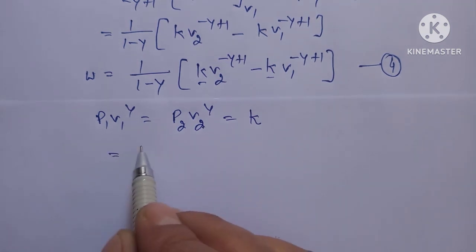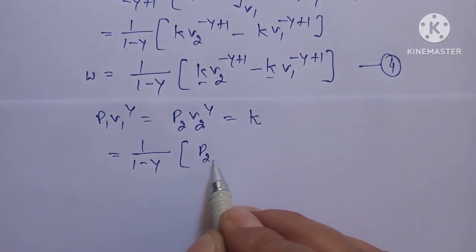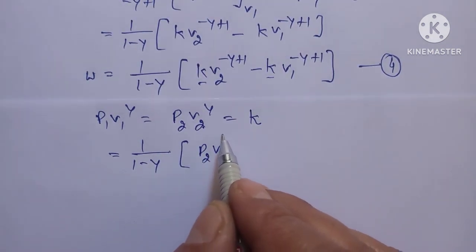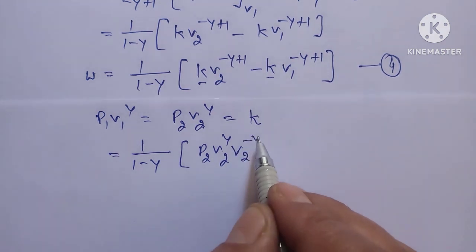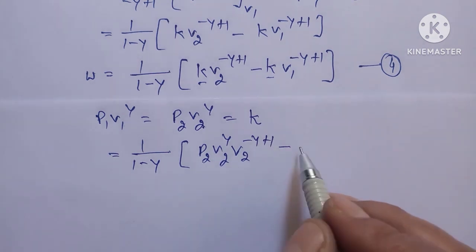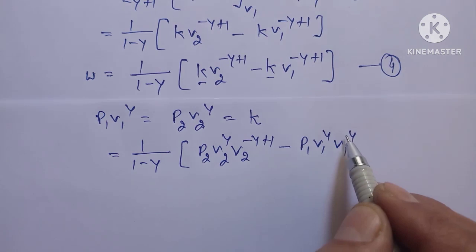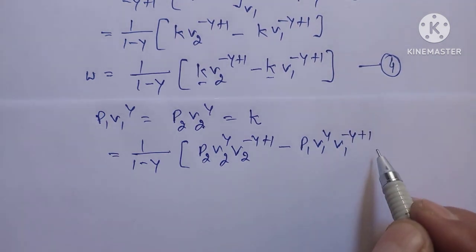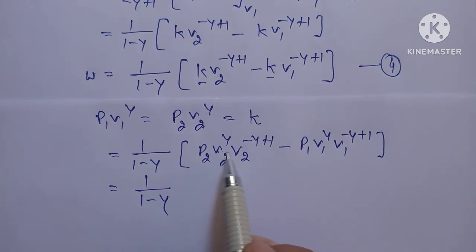So this becomes 1 over (1 minus gamma) times (P2 V2^gamma V2^(-gamma+1) minus P1 V1^gamma V1^(-gamma+1)). Here the bases are the same, so the powers are added.